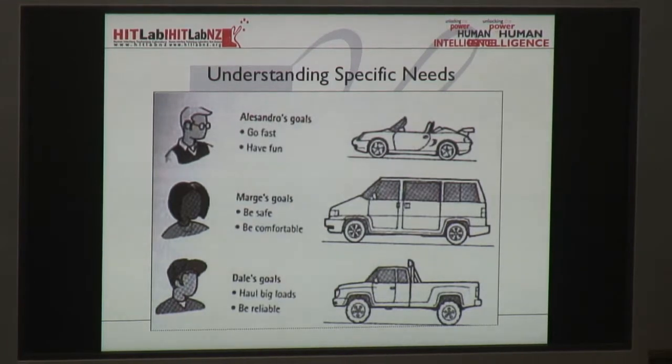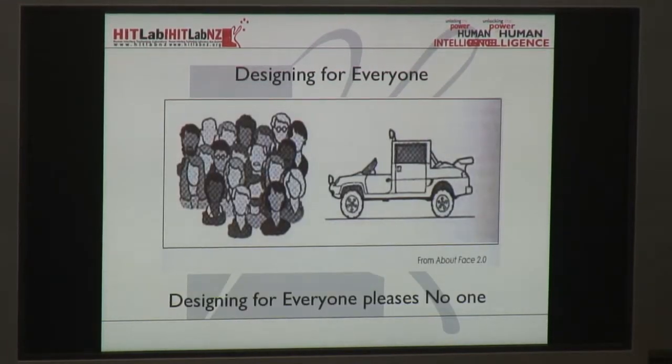And if you try to mash them together and design for everybody, then you wouldn't have a solution that worked for anybody. Here's a kind of mashup of a Porsche with a van, with the wheels of the truck on it, and you can see that would just be a nightmare.